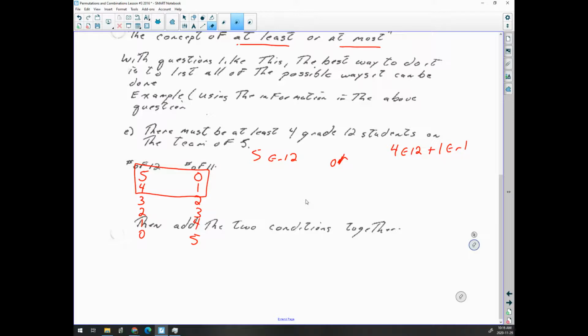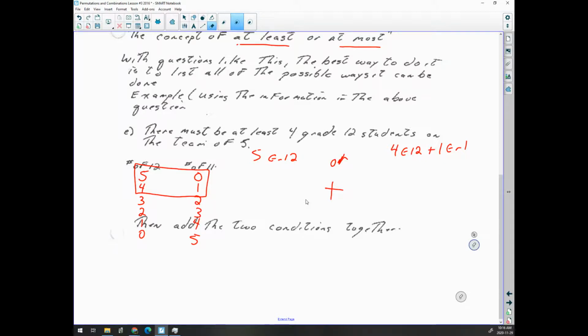So if we treat them like this, we are going to have to do both of these, and then we are going to add them together, because it's either going to be the 5 grade 12s, or it's going to be this. They can't happen at the same time, so we have to add them together.